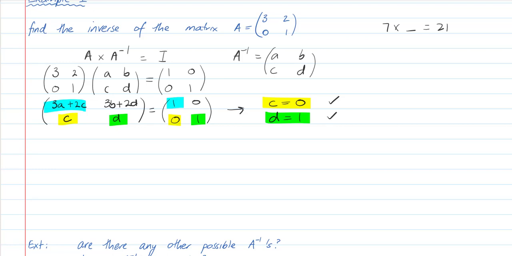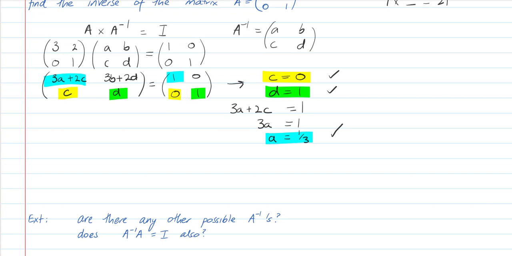In my next cell, I get 3A plus 2C is equal to 1. Now C is equal to 0, so I get 3A equals 1 and A equals a third. And then I need a value of B as well, and that is 3B plus 2D is equal to 0. So again, I'll highlight that and that.